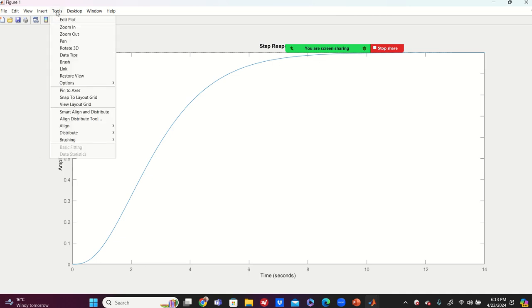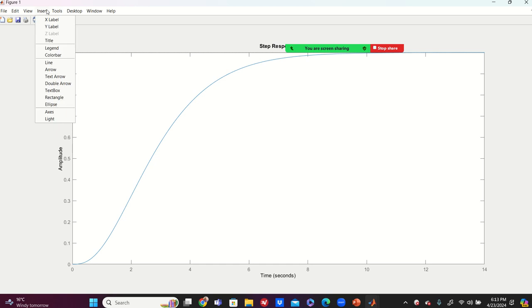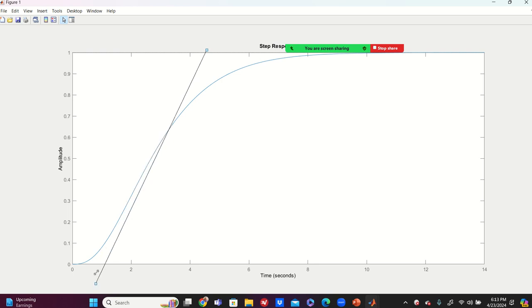Now what you're going to do is insert a line. How are you going to do that? This is the inflection point, and this is going to cross here. Just bring it down until it goes to the inflection point in MATLAB, and then you can continue this line slowly, almost to here.